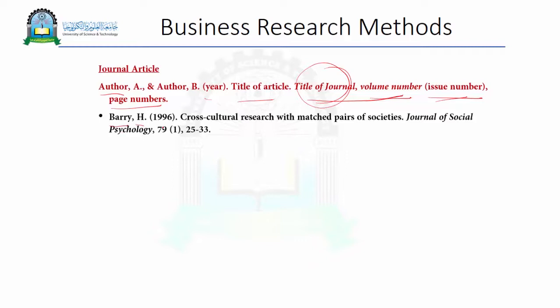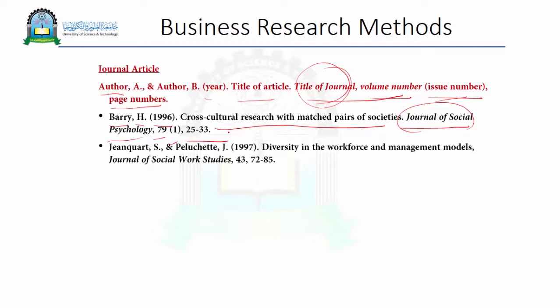Family name, first letter, date, the title of the paper, research paper or article, and then the journal title, which must be italicized, then the volume number, the issue number, and the page numbers. This is another example.